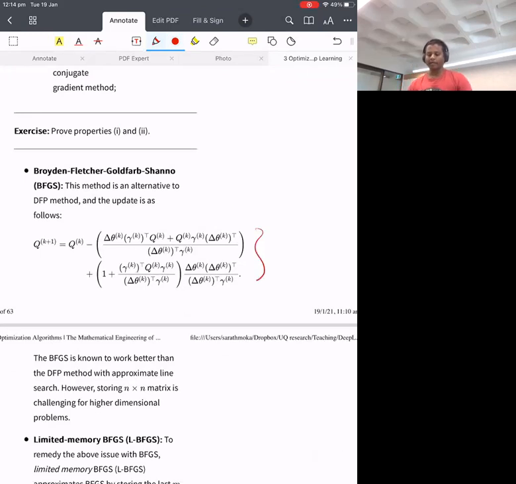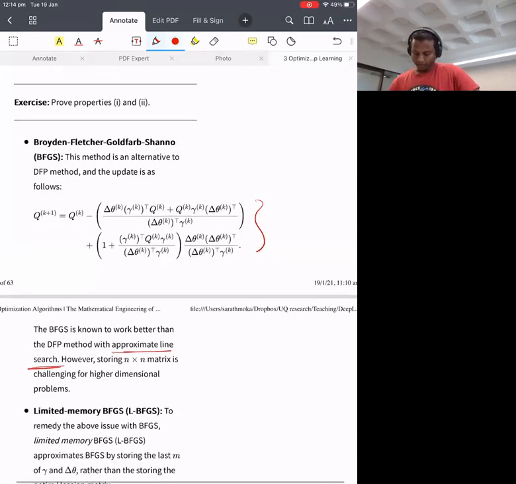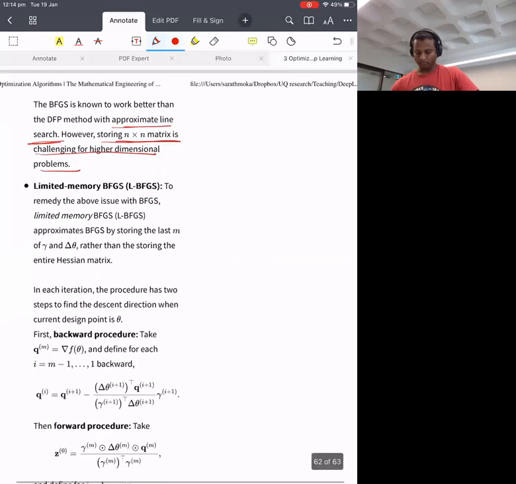It's a more complicated expression, but it's shown to work well when you are using approximate line search, shown to be better than DFP when the alpha parameter we are learning is learned using approximate line search, which we discussed earlier. However, the storing is again a challenging task in high dimension problems. That's what we address in the third approach.